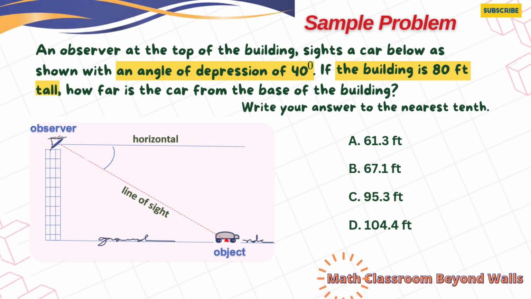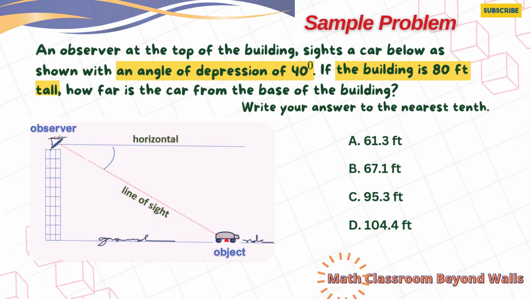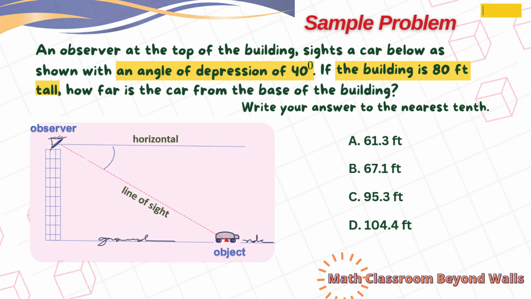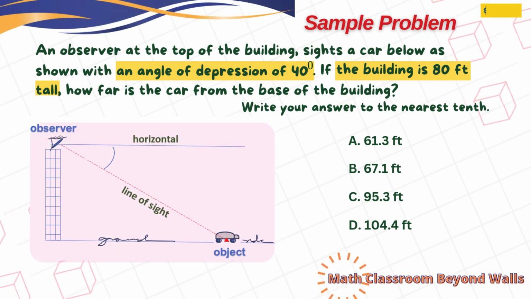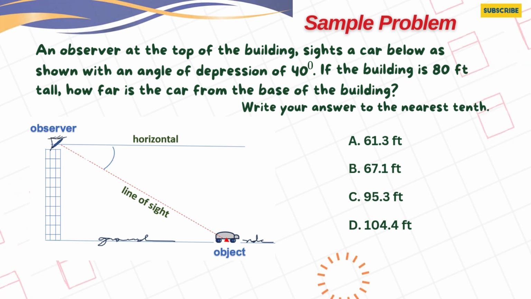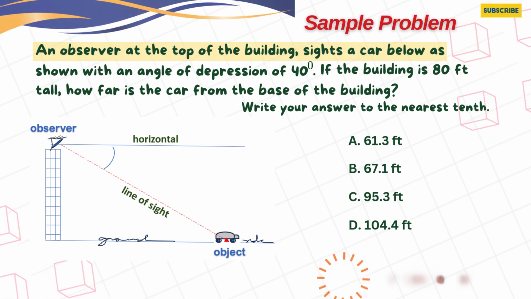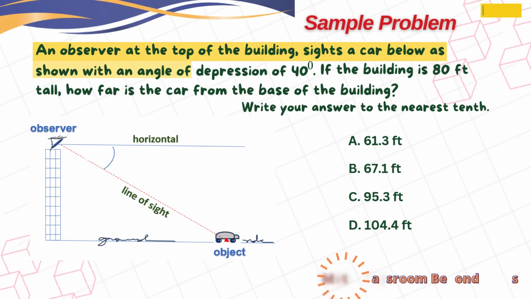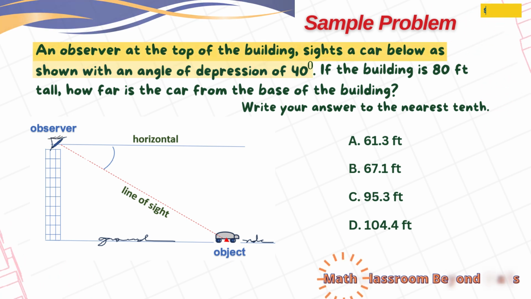Now we will modify and put in place what are given in the problem that are not reflected yet on the figure. Let us go over the problem again. It says, an observer at the top of the building sights a car below as shown with an angle of depression of 40 degrees.